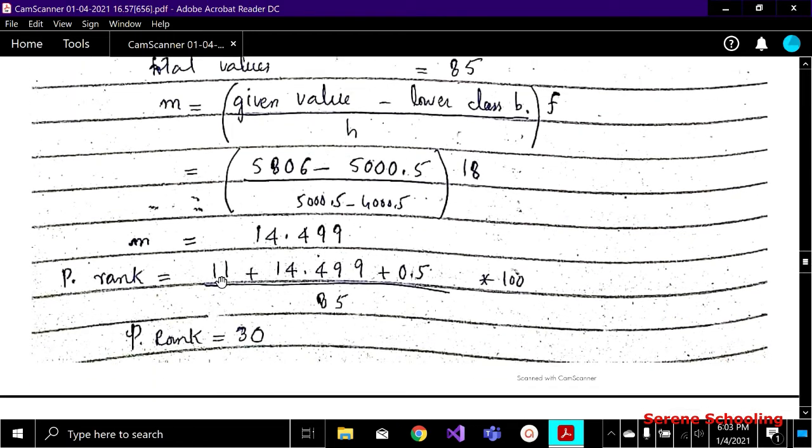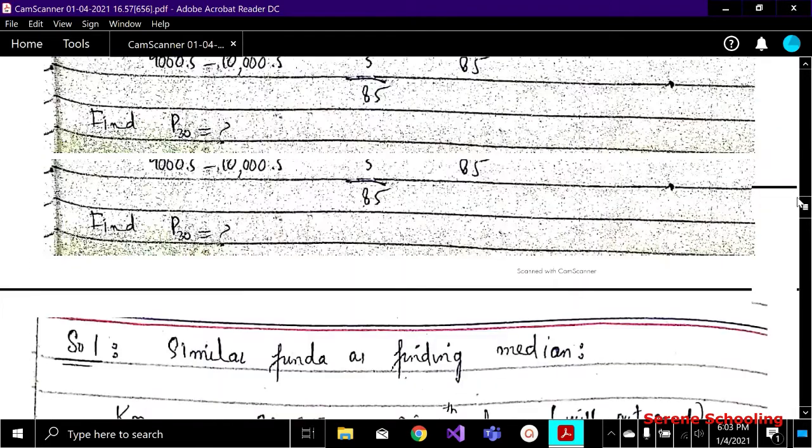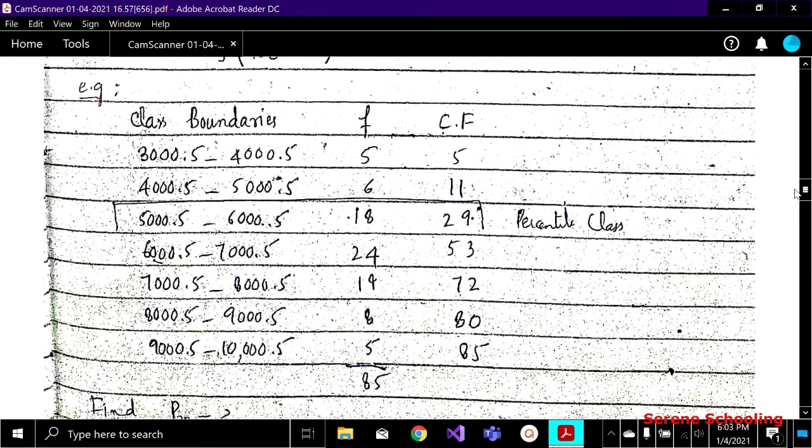So this is the number of values before the given x. Our x was 5806. So here we have to see how many values fall before the 5806 value. For that we have to come again to this data. See, this is the class where the 5806 value falls. How many values fall before our x?